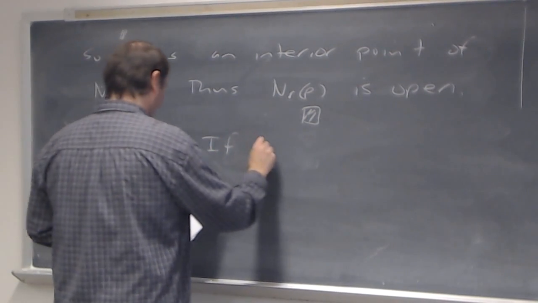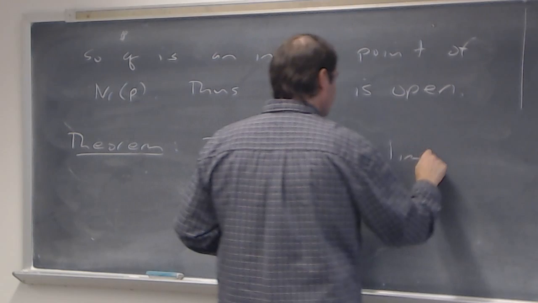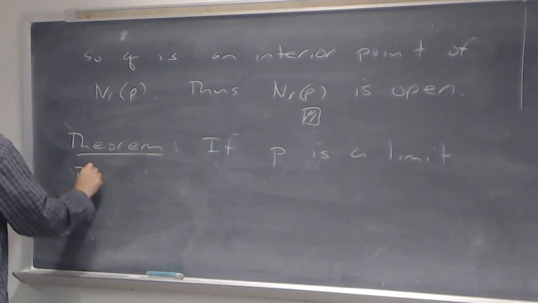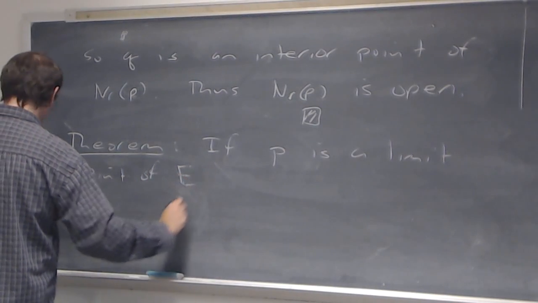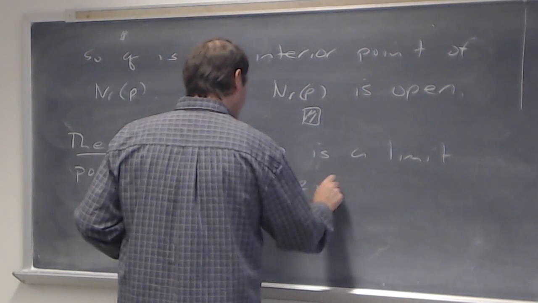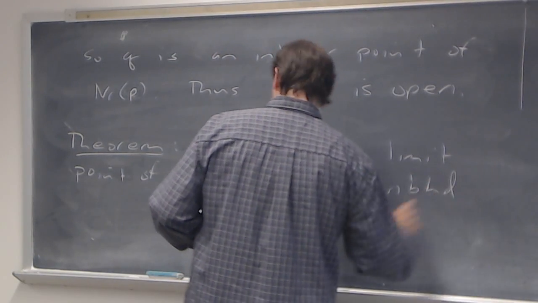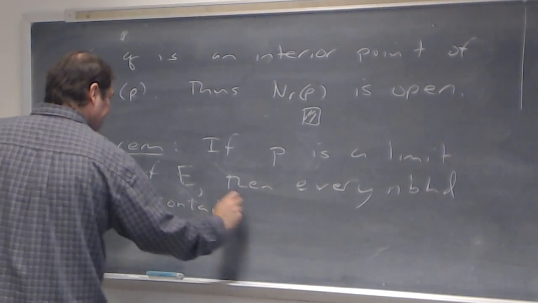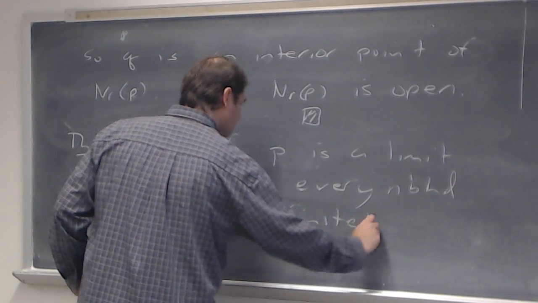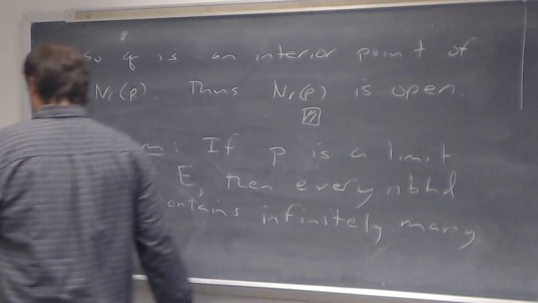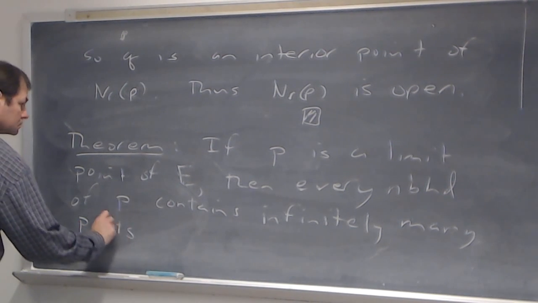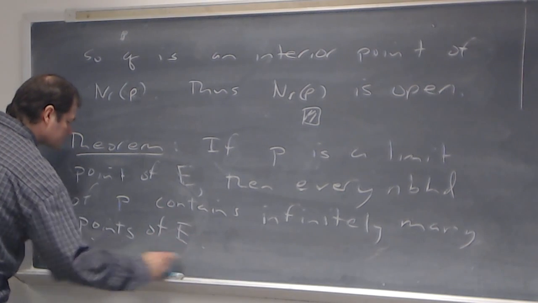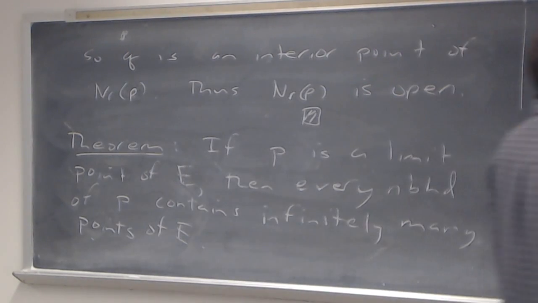It says if P is a limit point of a set E, then every neighborhood of P contains infinitely many points of E. Remember, to be a limit point means that every neighborhood contains some point of E different than P.